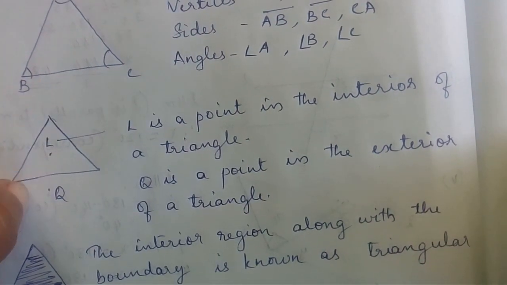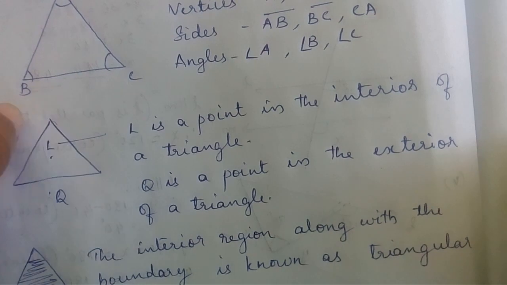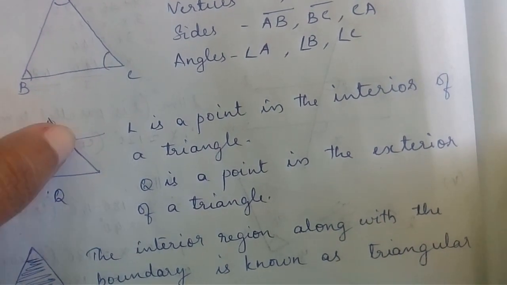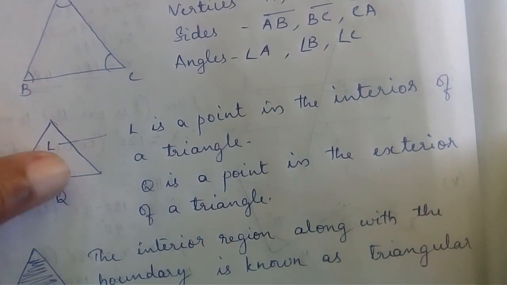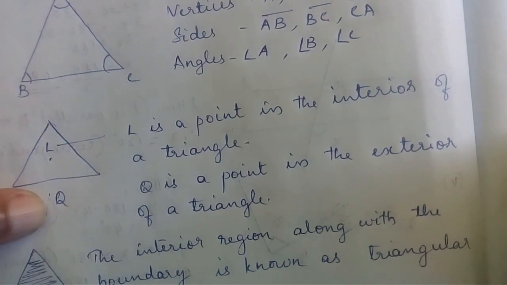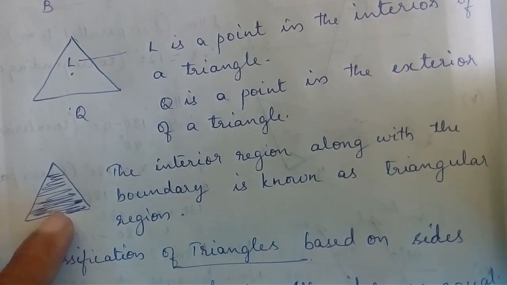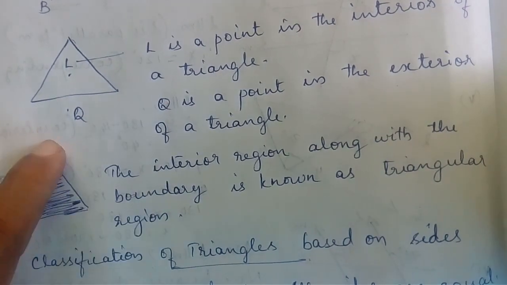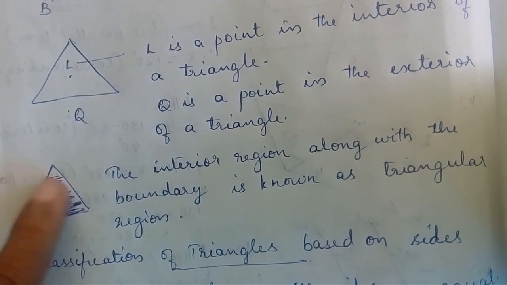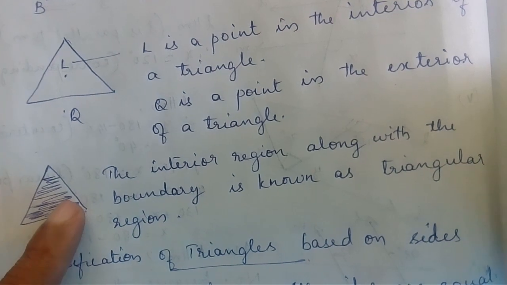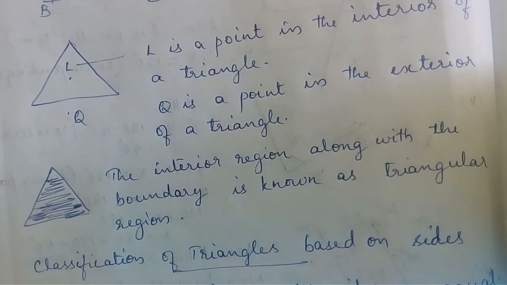Clear? Only these line segments joined form the triangle. The other portion is the interior and this other part is the exterior part. And when you are saying the triangular region, it includes these three line segments and the interior portion together.